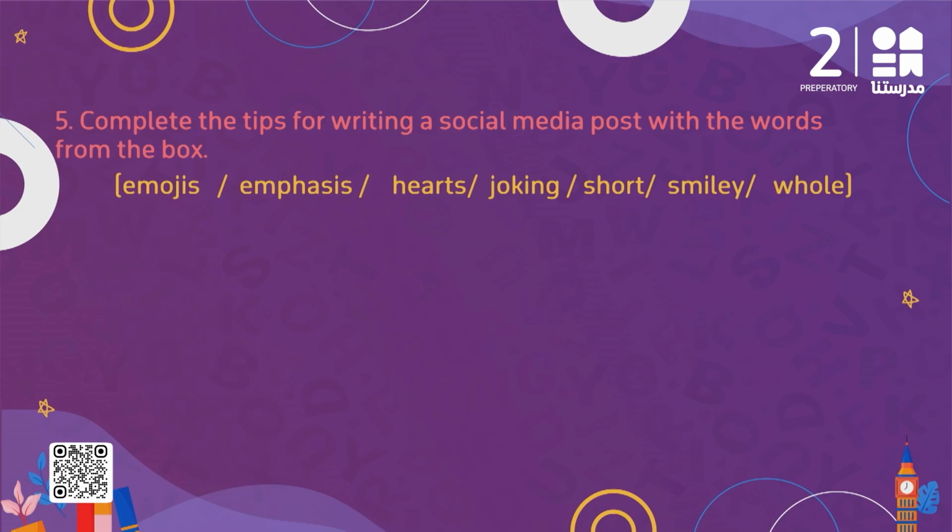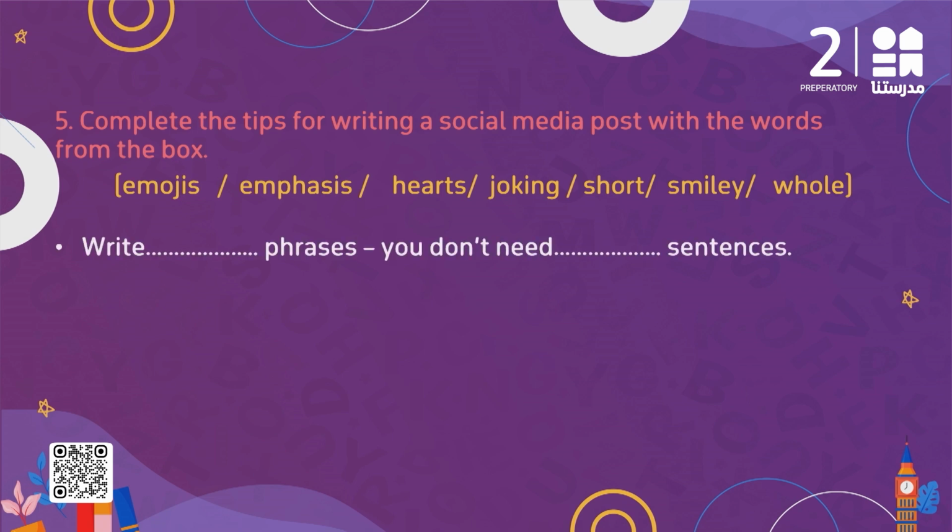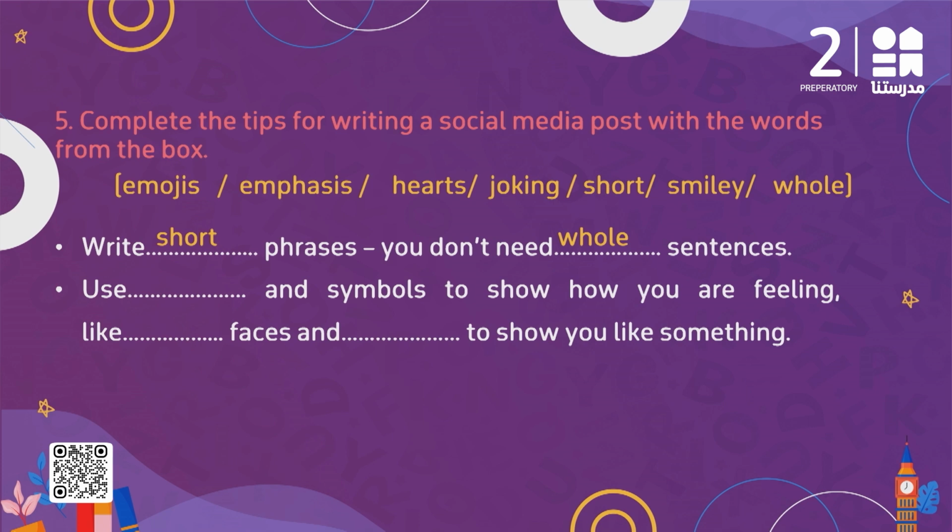Now let's complete the tips for writing a social media post with the words from the box. We have emojis, emphasis, hearts, joking, short, smiley, whole. Write short phrases, you don't need whole sentences. We use emojis and symbols to show how you're feeling.